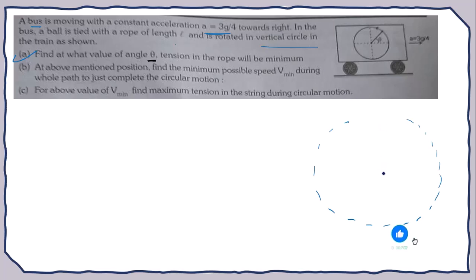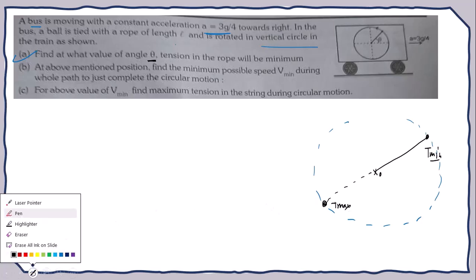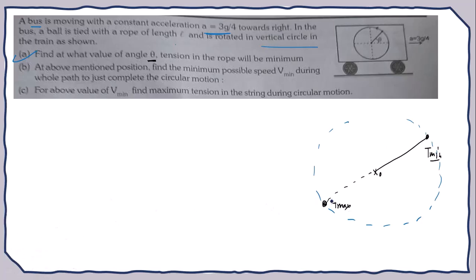So for this situation, let us say the string is at this position where it feels the minimum tension. So this is the location of minimum tension. The diametrically opposite point will give the value of tension which is maximum. Now at this position, what is happening?